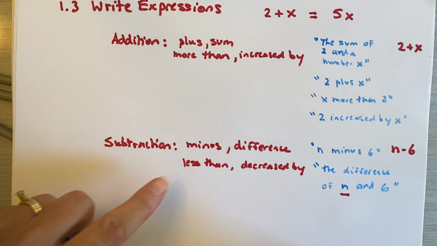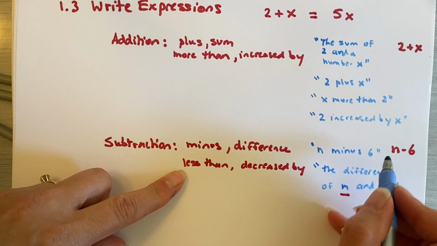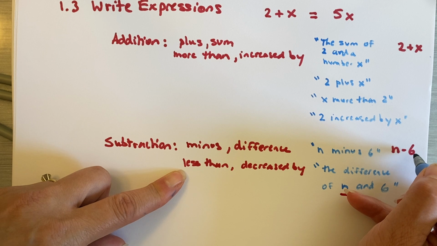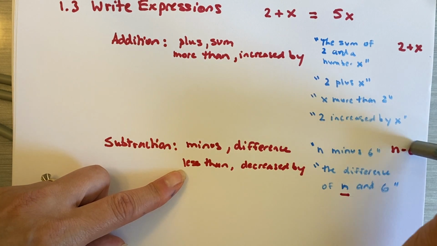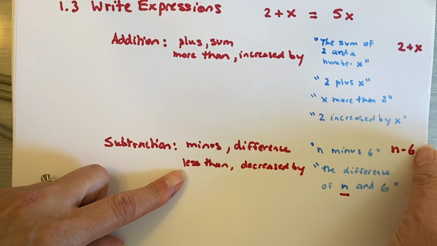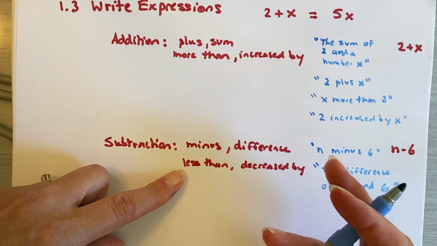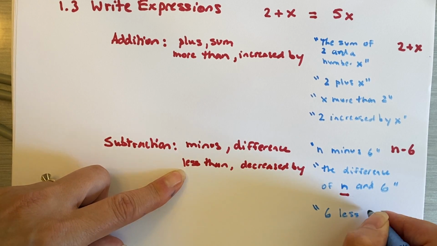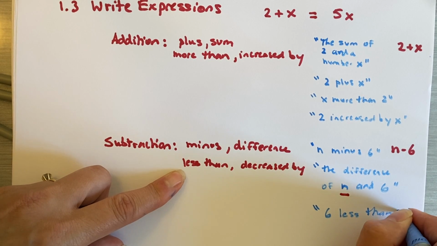How else can we say it? What if we use less than? Is this 6 less than n or n less than 6? Well, it's 6 less, minus 6 means you're subtracting 6. It's 6 less than n. Important to see that. 6 less than n.